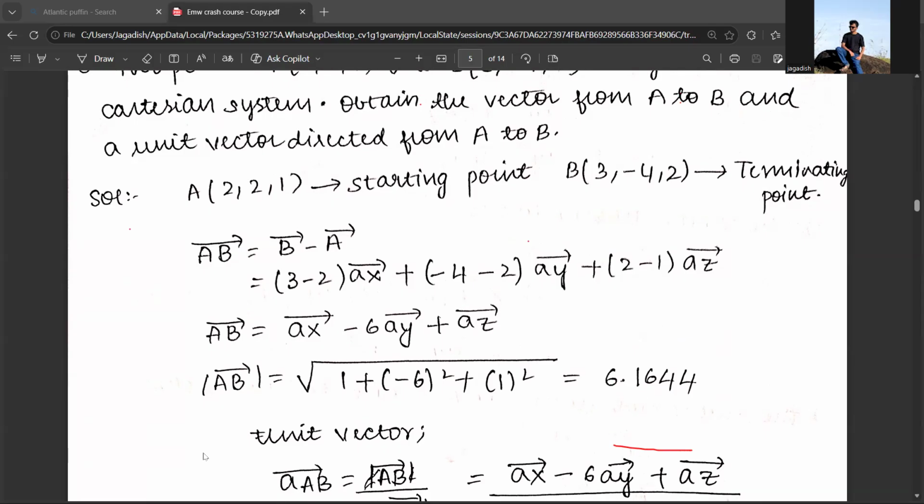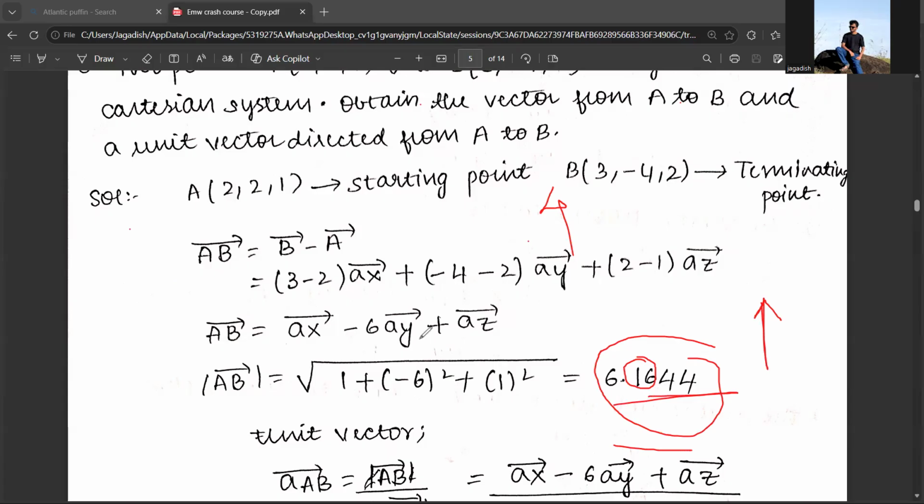Keep at least 4 decimal points on the calculator. Fix your calculator to 4 decimal points, and don't write just 6.16.